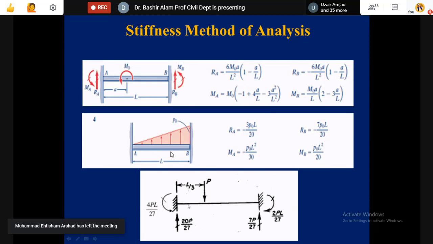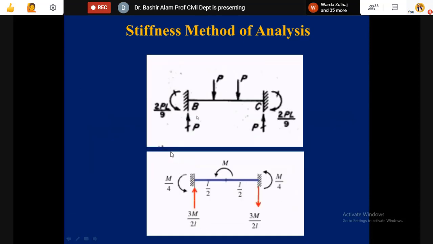So this is how the member end actions are calculated. Similarly here, if we have the load at the third point, this is how the moments are calculated. And this is when the couple is applied at the mid span, L by 2, L by 2, you can see how the member end moments and the support reactions are.